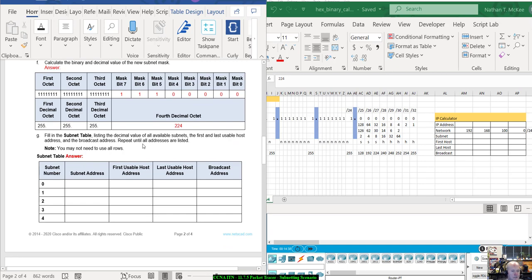Fill in the subnet table listing the decimal value of all available subnets, the first and last usable host address, and the broadcast address. Repeat until all addresses are listed. When it says subnet address, it is referring to the network address of the subnet.